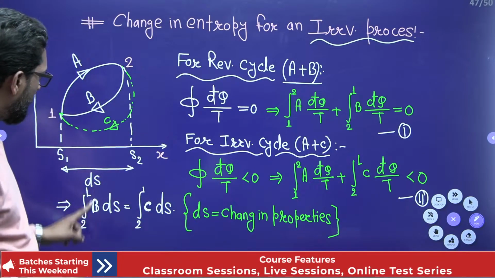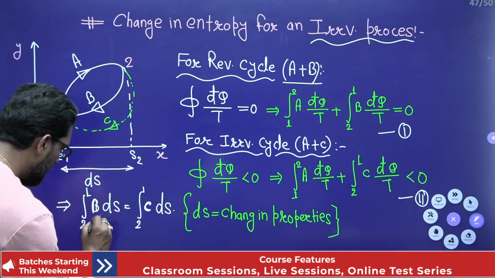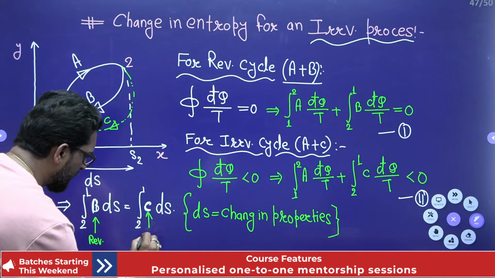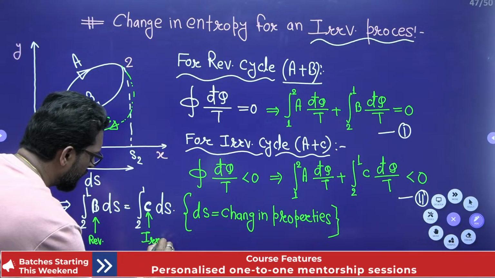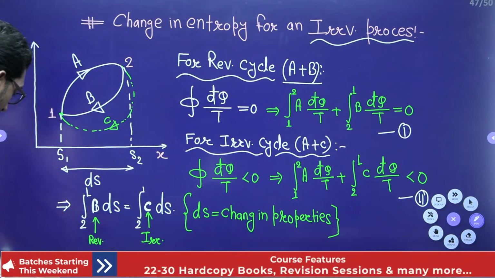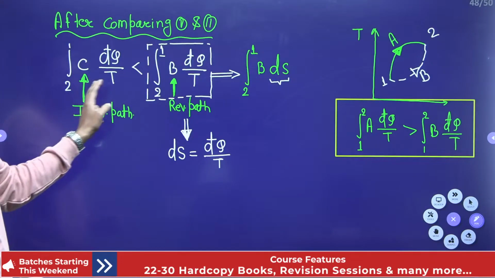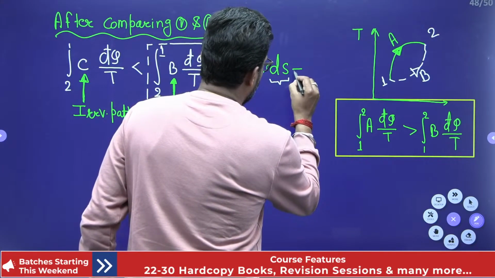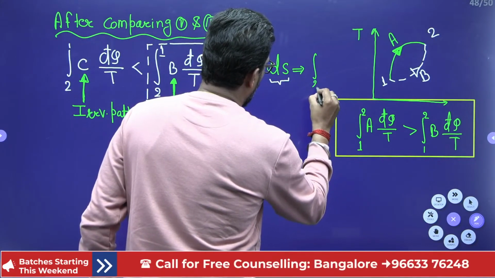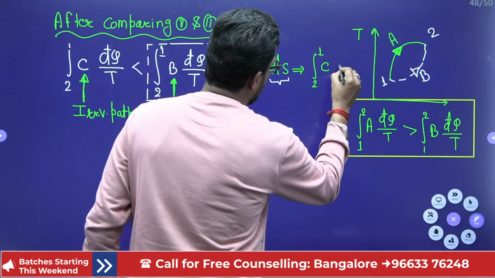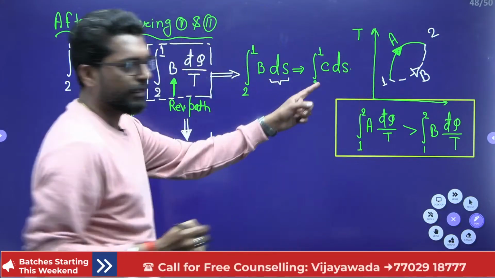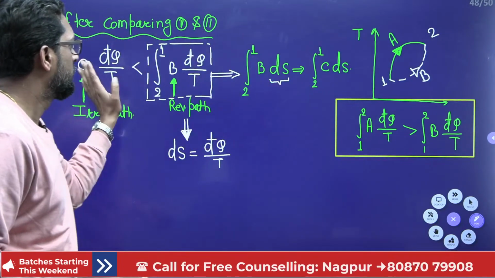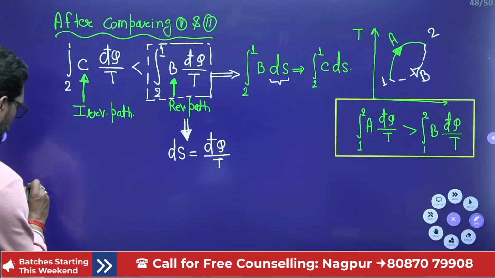So this is for reversible and this is irreversible. This is the second equation. Entropy is a property, so we can also write 2 to 1 C ds. Now, if you compare these two, what can you write here?